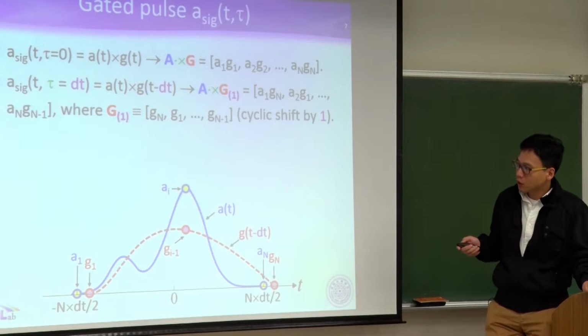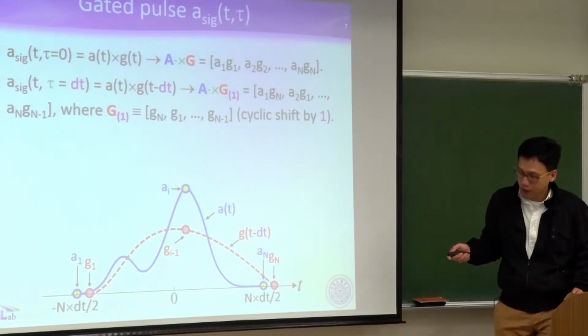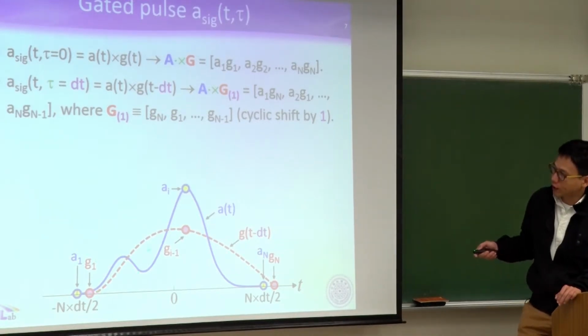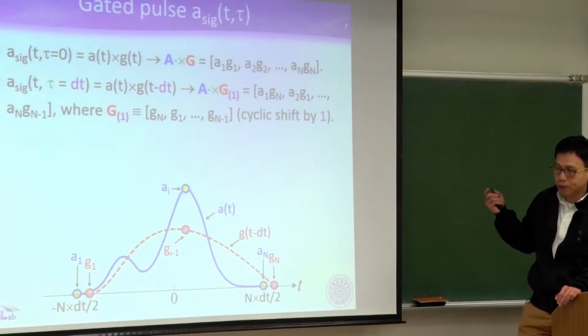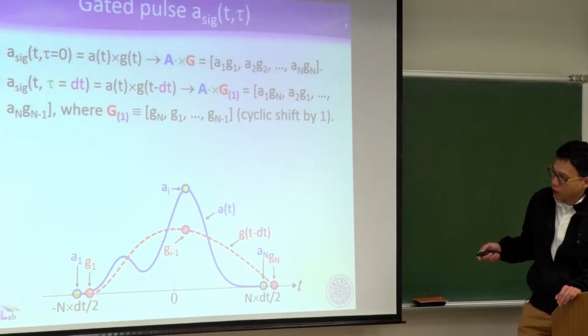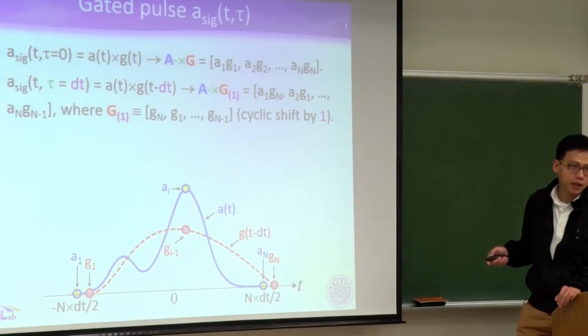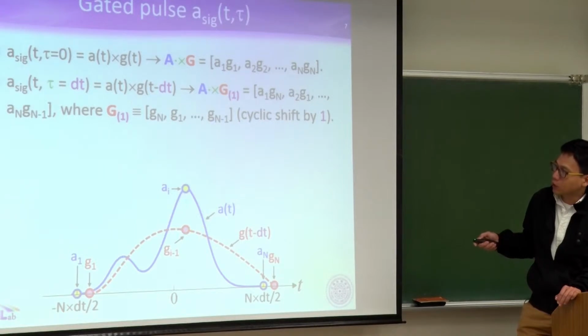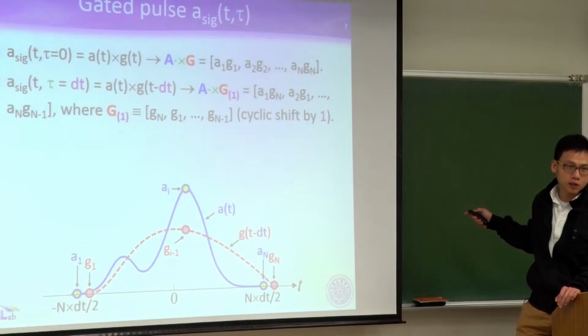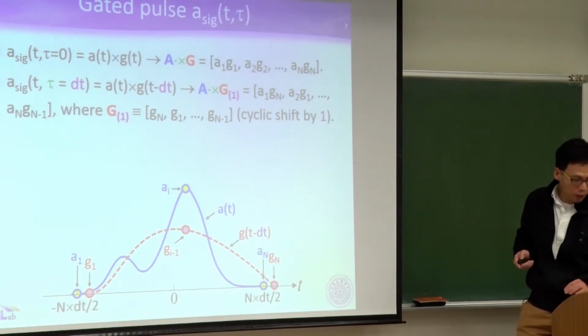If you look at the figure, you can see the red curve has been shifted to the right by 1 unit. So now G1 is temporarily aligned with A2. G sub 1 aligned with A sub i, and G sub n minus 1 aligned with An, and G sub n is already beyond the range of the time window.